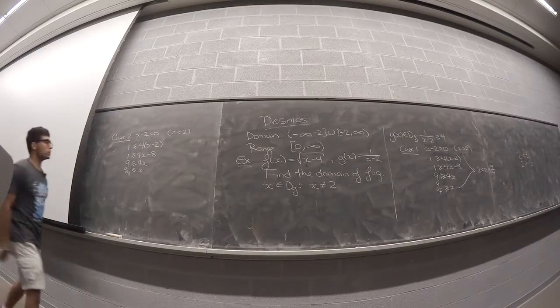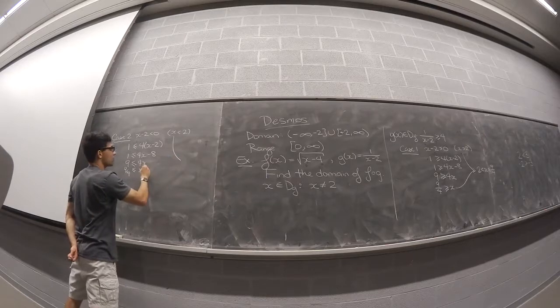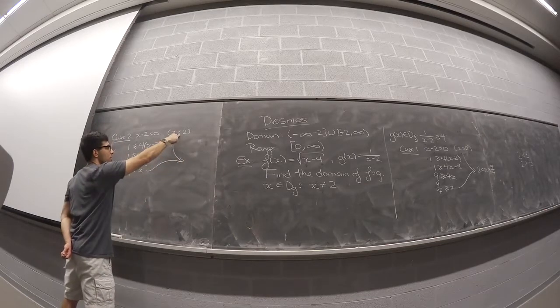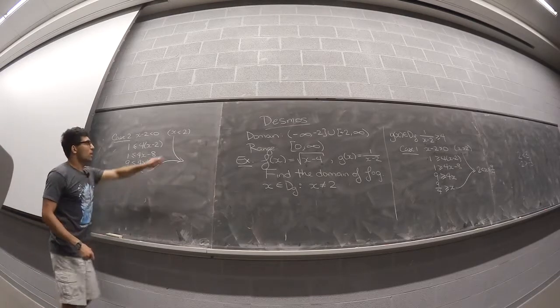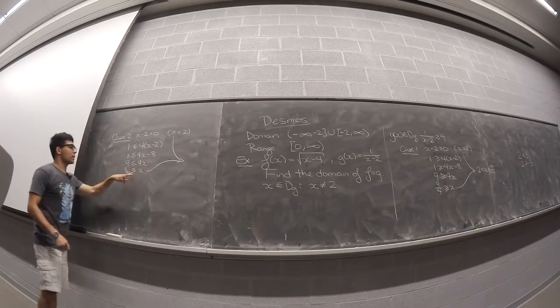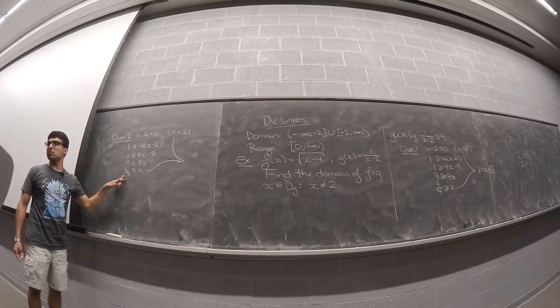Okay? All right, bring that guy to that guy. Don't forget to include this thing. X less than 2 and x greater than or equal to 9/4. What is that? It's nothing. You can't have x be less than 2 and be greater than or equal to something that's bigger than 2. That doesn't make any sense.